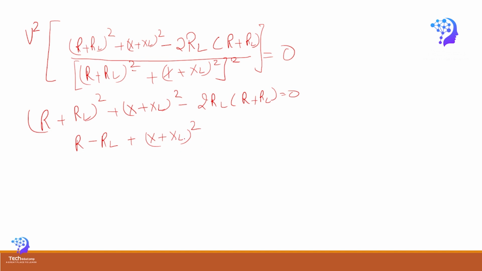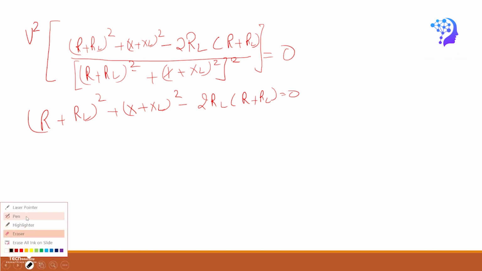I think I made a mistake here. I'm writing this again. So I will be taking one thing common, (R plus RL) square.